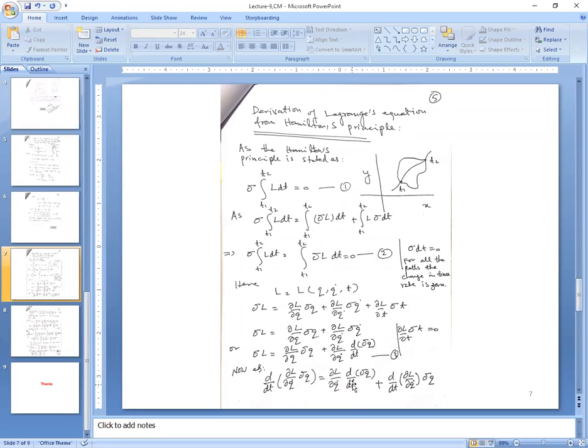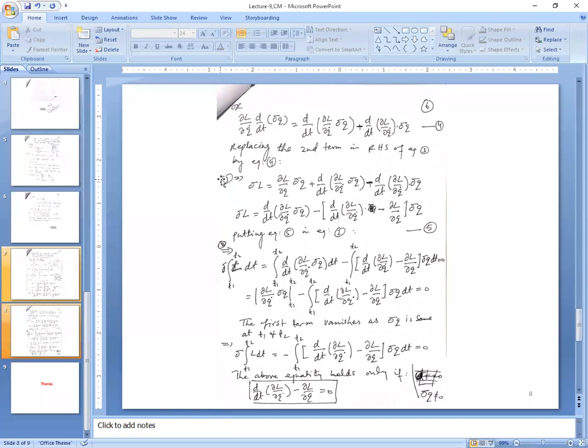You can see this term and this term are same. So putting these terms, the equation becomes delta L is equal to curly L over curly q into delta q plus d by dt of curly L over curly q dot into delta q, minus d by dt of curly L over curly q dot into delta q.